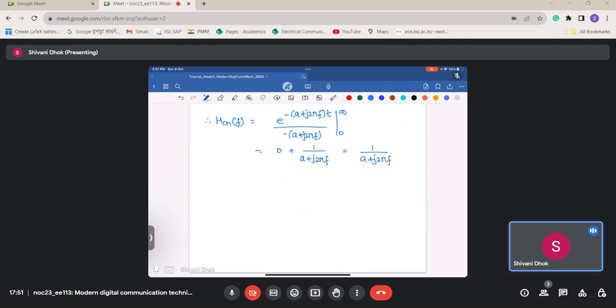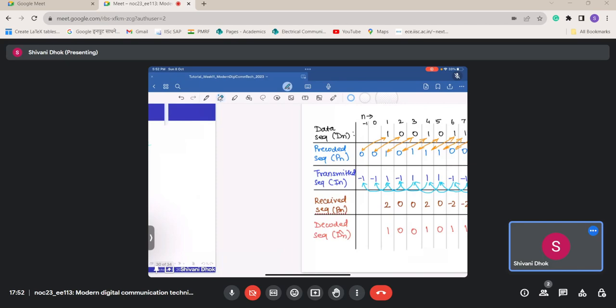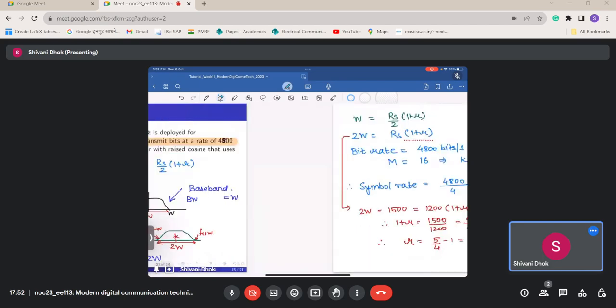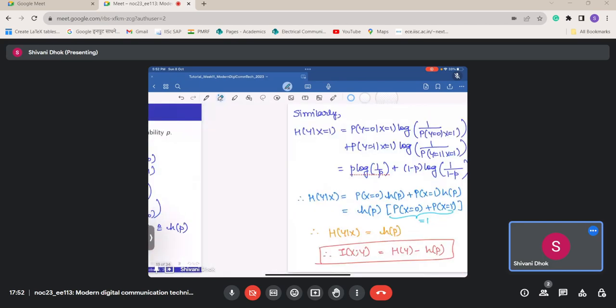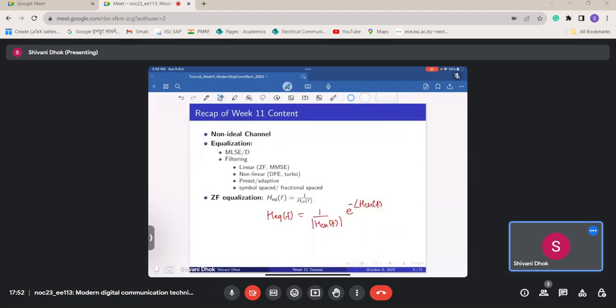Now this Hch(f) I can also write as the magnitude of Hch(f) into e^(-j angle of Hch(f)). I think I wrote minus initially also. No, this is fine.